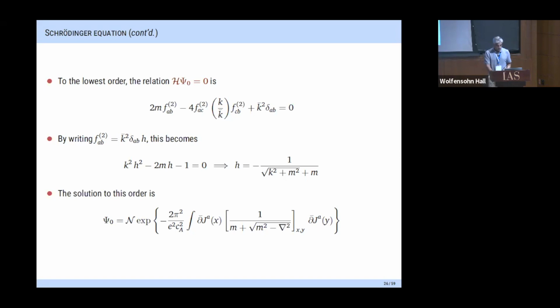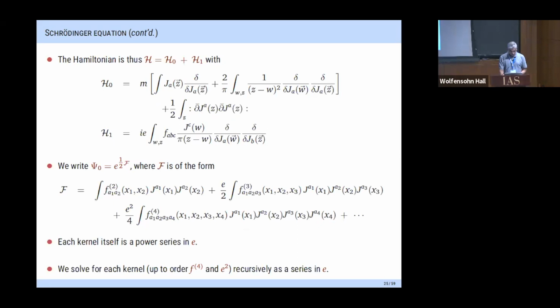Okay, so I want to kind of take up where we left things yesterday. Let me first remind you a little bit about where we stopped. We looked at the Schrodinger equation and we calculated the vacuum wave function like so, as I described here. I also mentioned that one can calculate higher terms if you try to write down a general series like this, things like F3, F4.